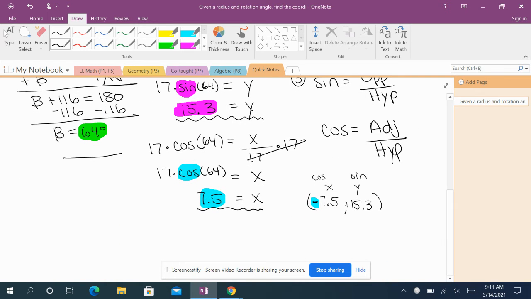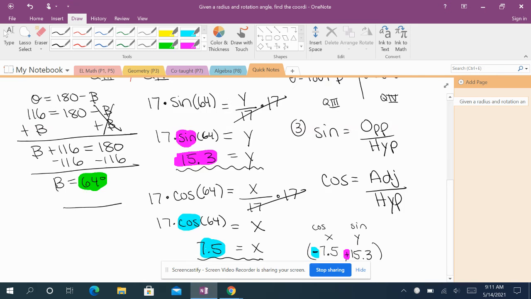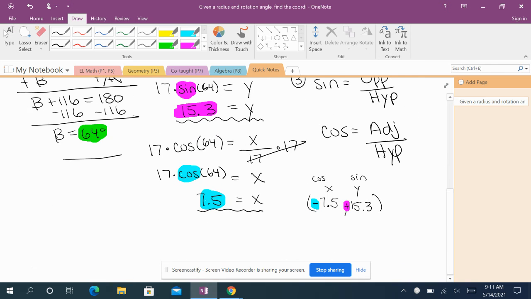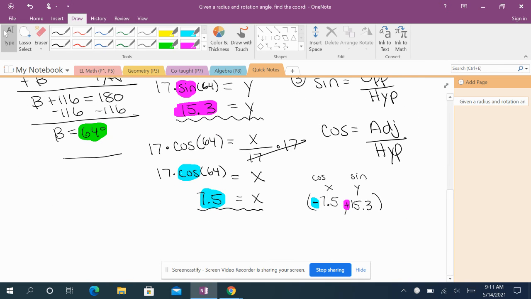So I'm going to keep this as positive 15.3. We don't have to put the positive, but I'm going to put it there to make that clear. Once you put your values into your ordered pair, you want to see where it's going and whether it's positive or negative. So these are the coordinates of your terminal point, this point right here.